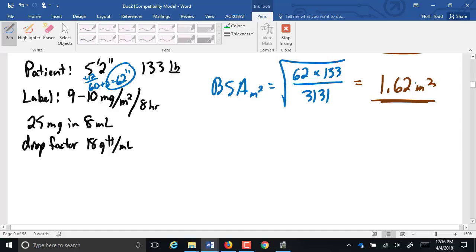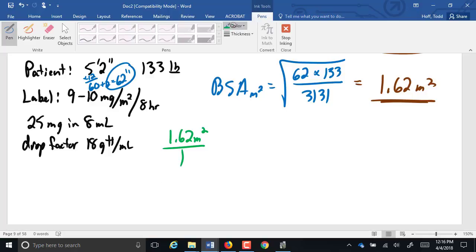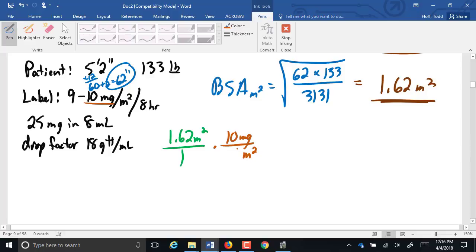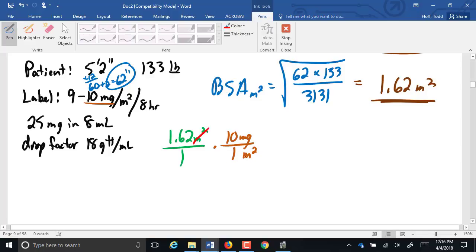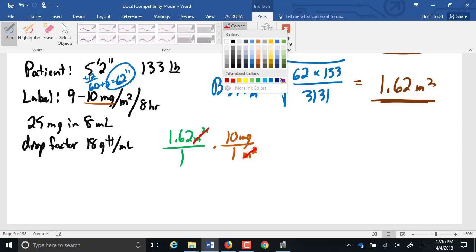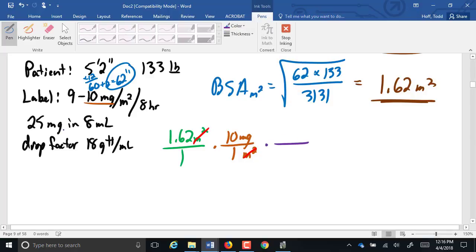So that's where we'll start our calculation over here. We put 1.62 meters squared over 1. Our dosage per meter squared, we're going to use the maximum again. Maximum of 10 milligrams per 1 meter squared. Meters squared cancel out for us. 25 milligrams in 8 milliliters.